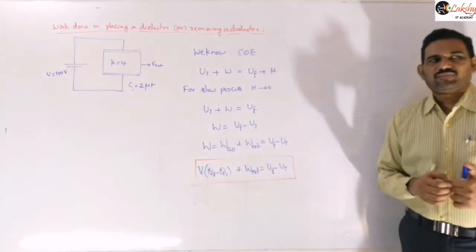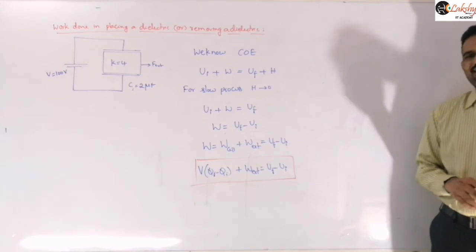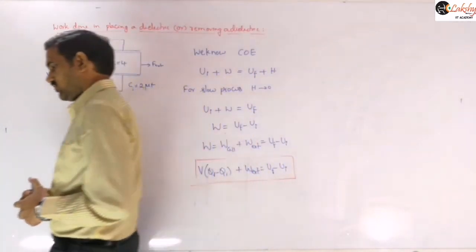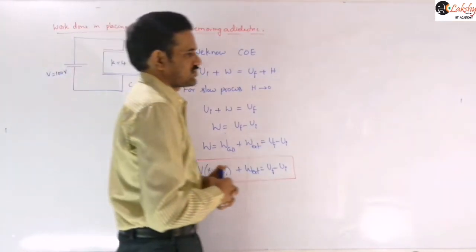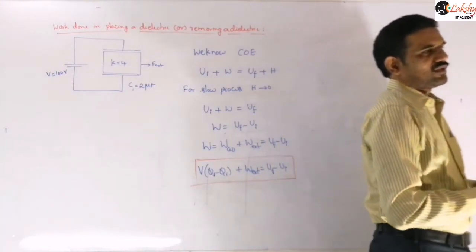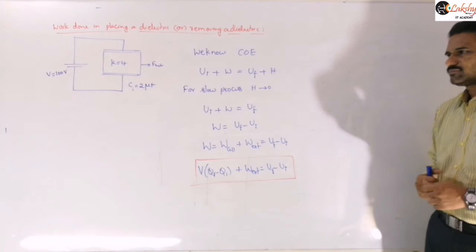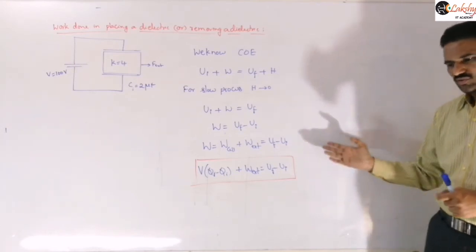Then find the amount of work done by the external agent in this process. Right? So this is the equation we are going to use for this problem.